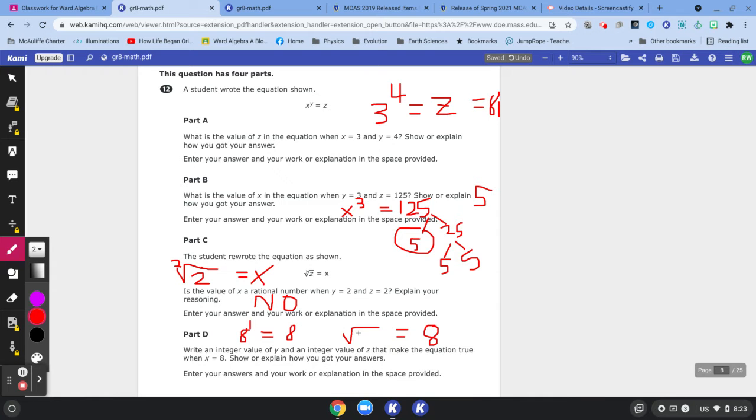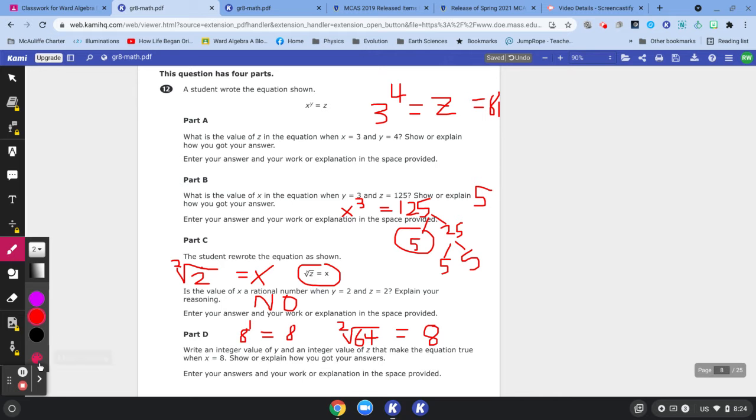But if x is 8, then we could put 64 for z if we're using the equation from part C, if we're using this equation. So we could say z is 64 and y is 2 because the square root of 64 is 8. So that works as well.